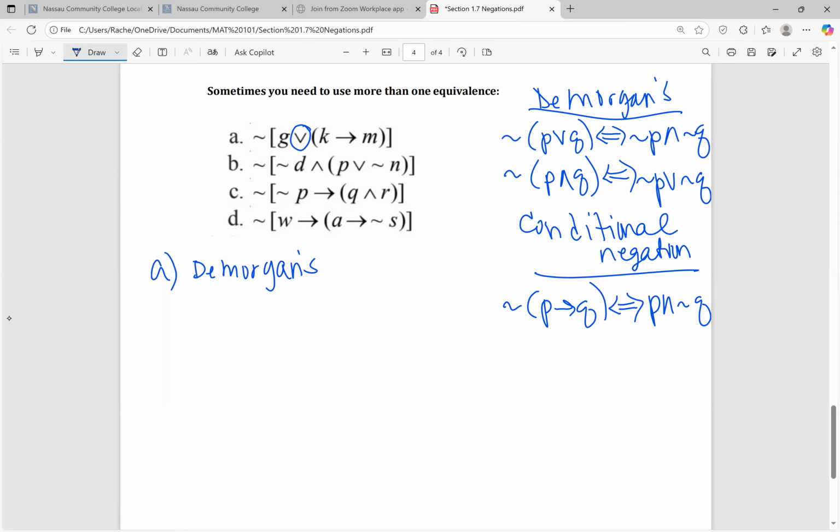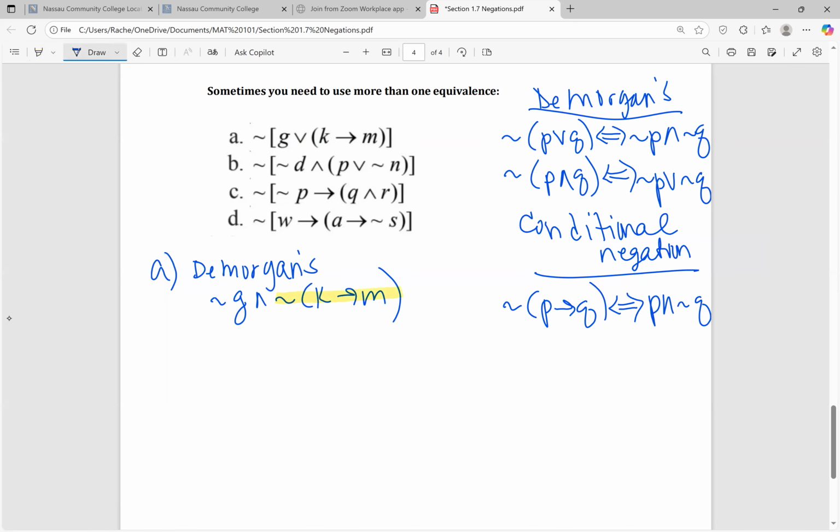So for A, since we're negating an or statement, right, we're going to use De Morgan's. So this is going to be not G and not K implies M. But within this, we could use another equivalence, right? Because look, we're negating a conditional.